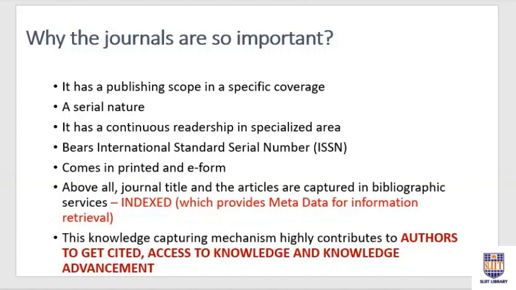International Standard Serial Number, like ISBN for the book number. Because when you publish, the journal publisher has to take this international serial number from its national library. Taking the ISSN means it goes online. Online means it is indexed online.